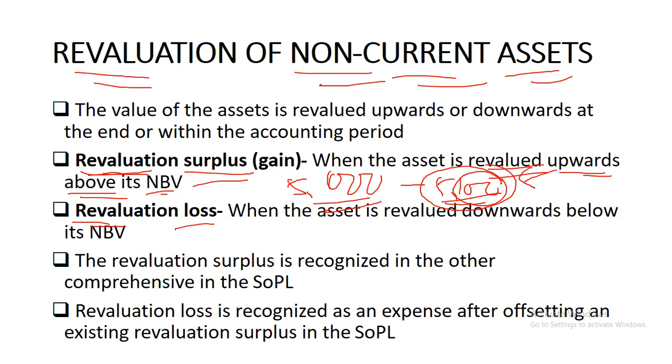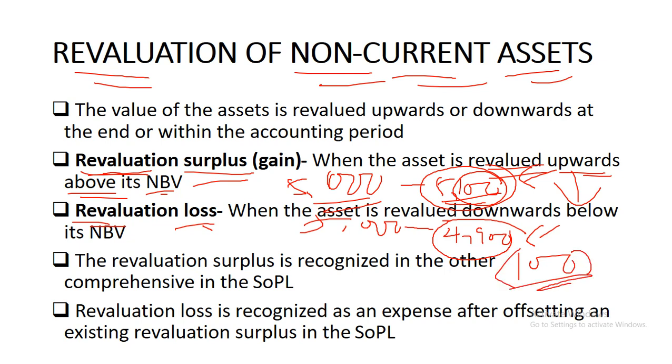So a revaluation loss arises when an asset is revalued downwards. So for instance, we've got 5,000 here, and then we revalue an asset to 4,900. So this is the new book value, but the revaluation loss here is 100.